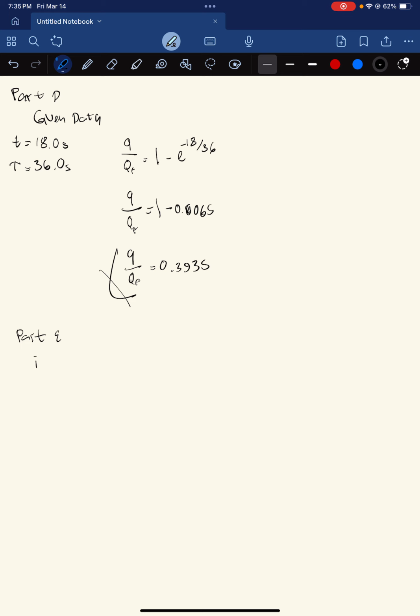So e to the minus 18 over 36, and that's technically what we got here as well, 0.6065. That's for part E.